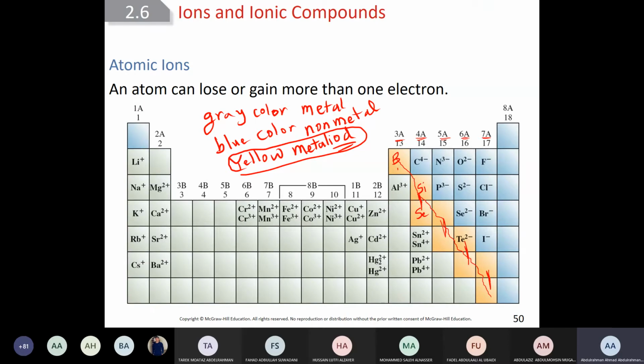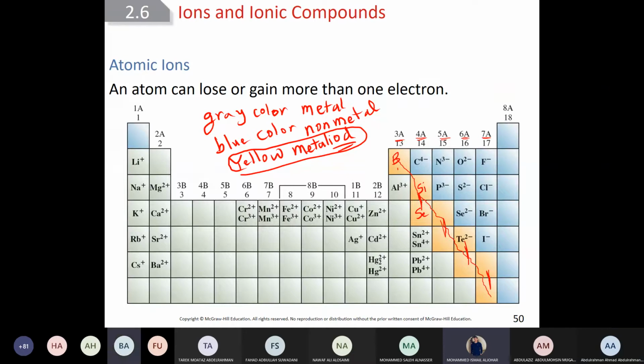Sorry, doctor, but the Se is non-metal, right? Se, yes, metalloid. Okay. Yellow are metalloids. He's saying that Se is repeated in non-metals in the blue ones. What's under silicon?